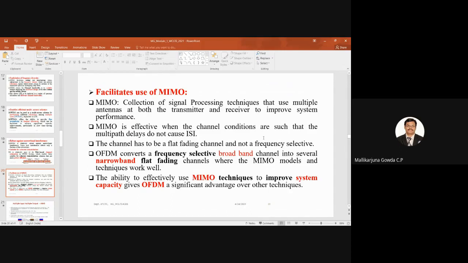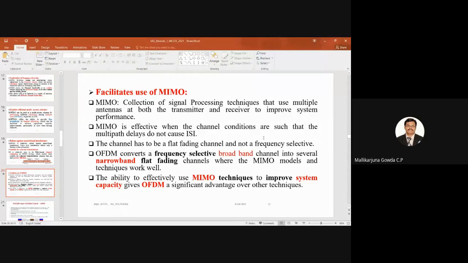I will show with figures how this works, but are you able to grasp this definition? I said MIMO is a collection of signal processing techniques that use multiple antennas at both the transmitter and receiver to improve the system performance.